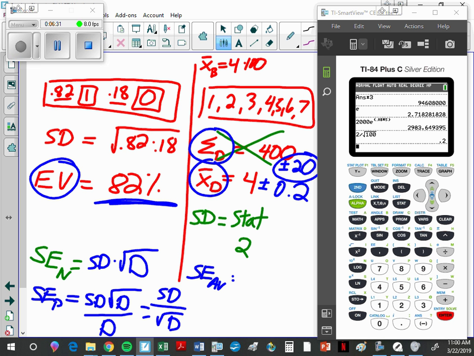So the SE for average is calculated by doing the SD divided by the square root of D. So we have 3 different outcomes. We have 3 different standard errors, and we have 2 different ways to calculate the SD. And you can only use the SD shortcut when you have 2 different numbers in the box, no more. And with the 0, 1 box, it's especially easy.